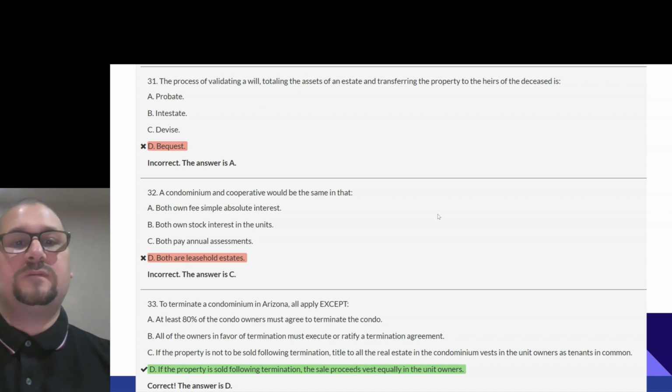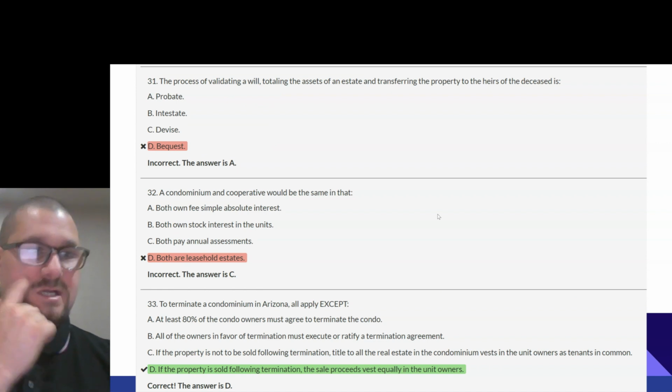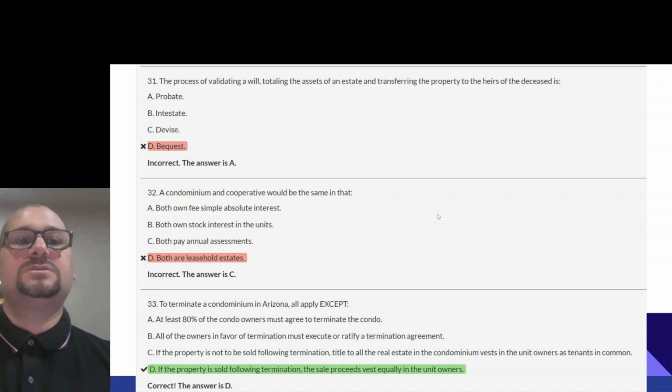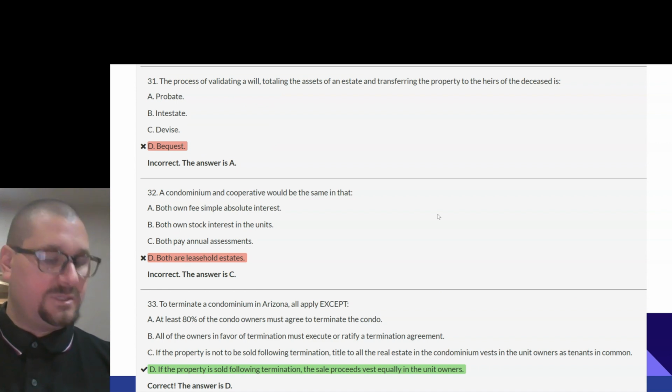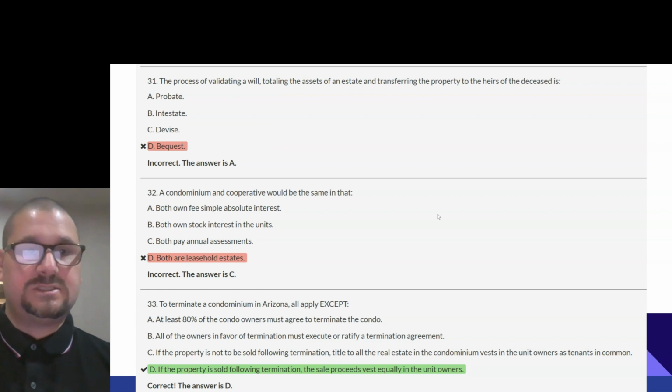Do they both own fee simple absolute interest? No, that's the highest level of ownership. With the condo, you can have multiple owners. Both own stock interest in the units? No. Both pay annual assessments? Yes. Both are leasehold estates? No.